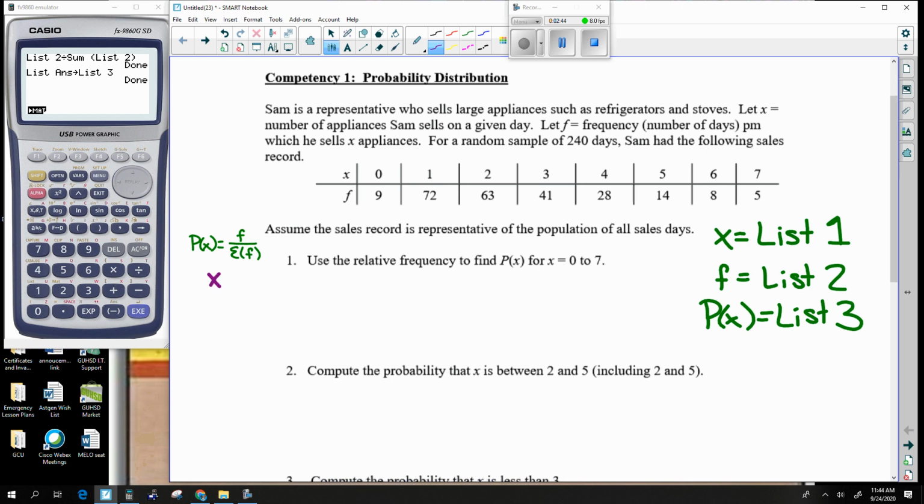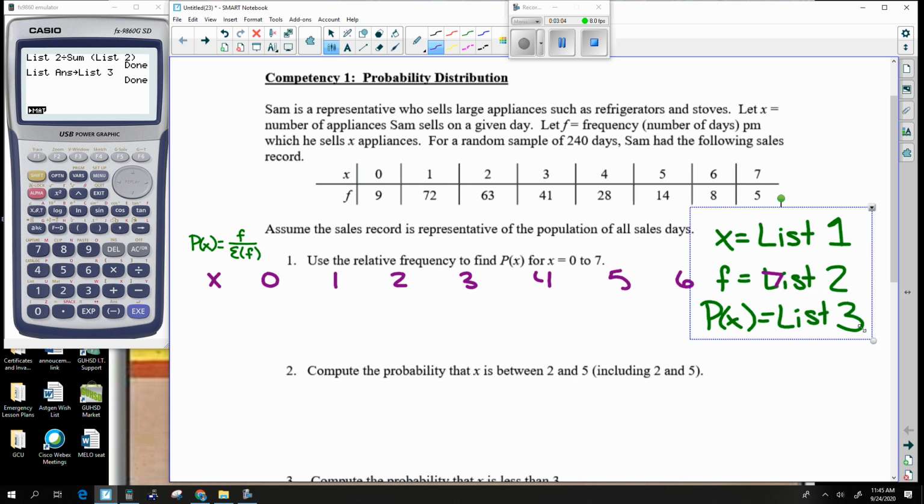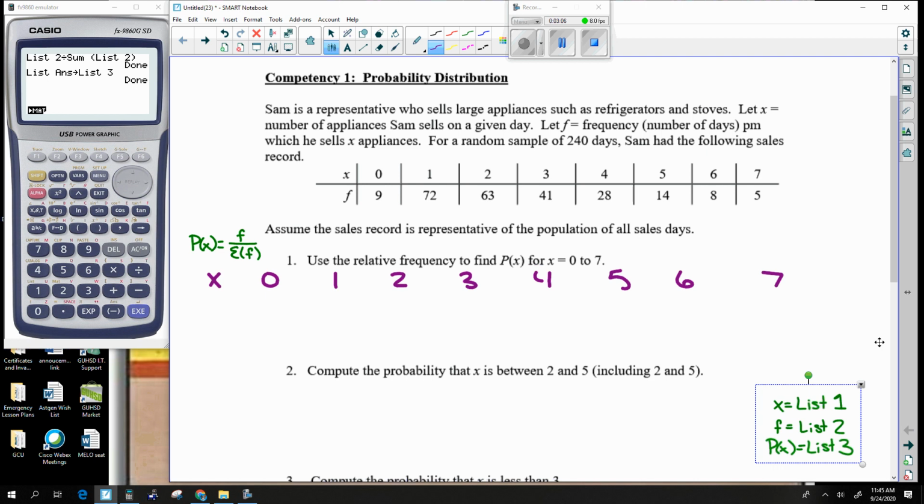So if my x's are 0, 1, 2, 3, 4, 5, 6, and 7, I'm finding that the individual probabilities of these should now be whatever I put into list 3.